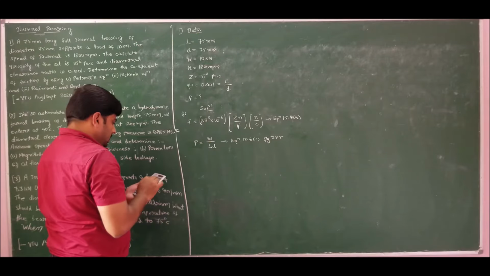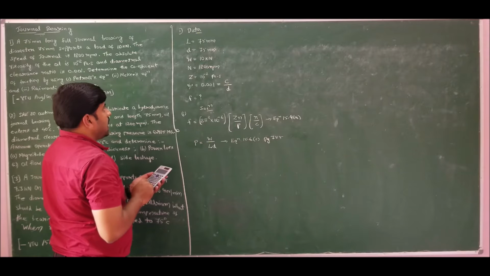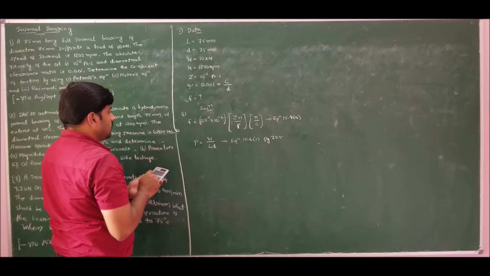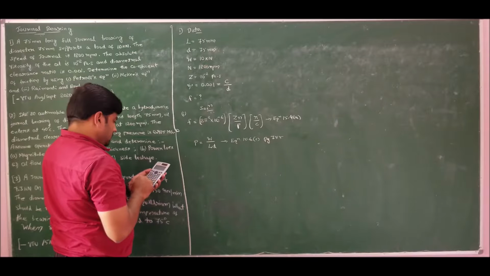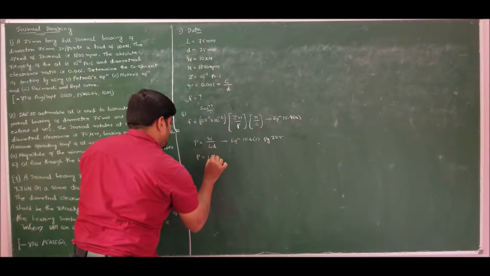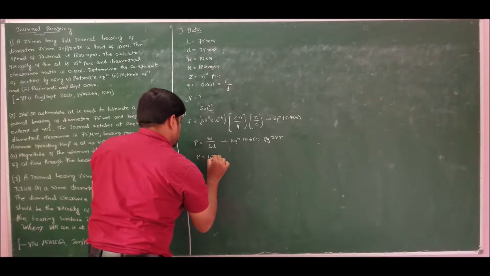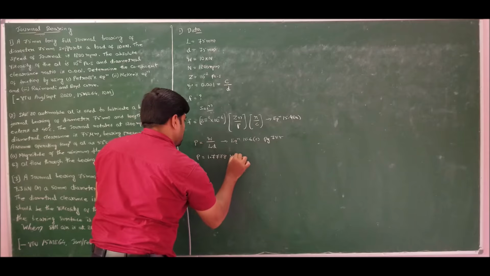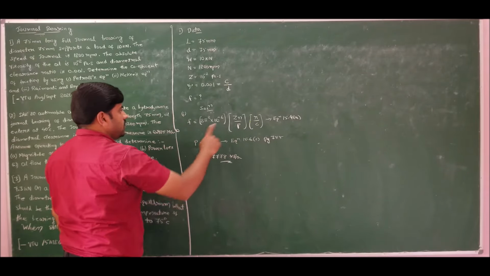If I substitute the values, load is 10 kilonewton, 10 into 10 power 3 divided by L into D, which is 75 into 75. So I will get the bearing pressure P as 1.77, which is recurring, so I will take it as 1.7778 megapascals.